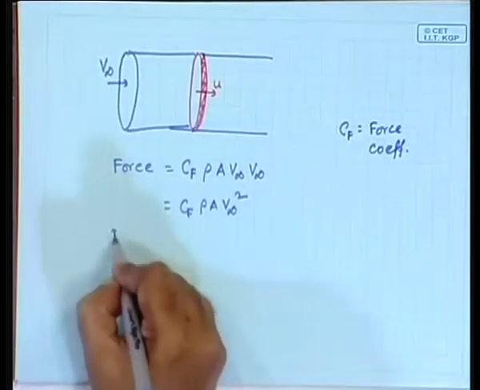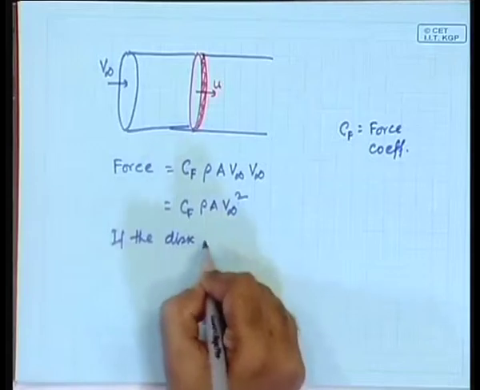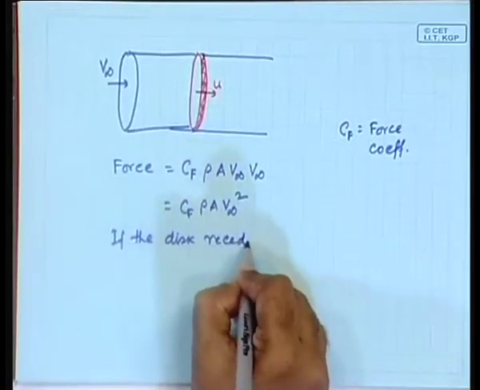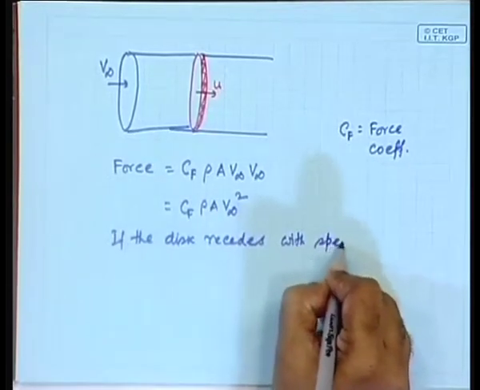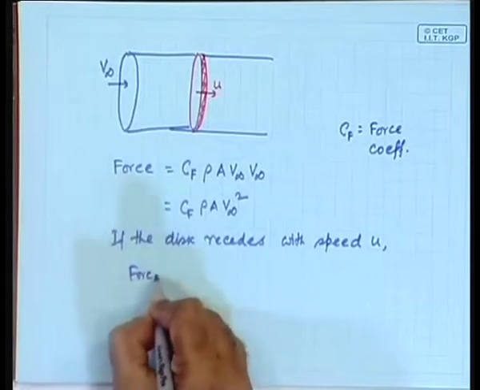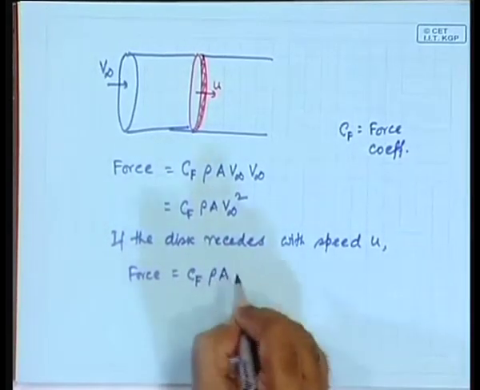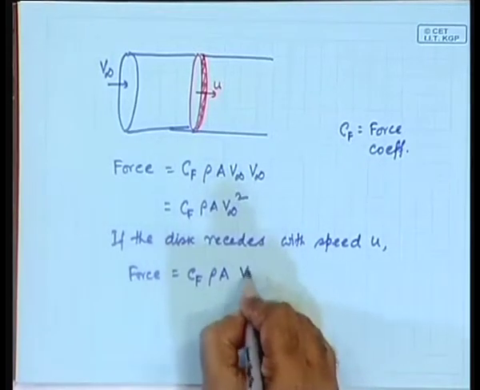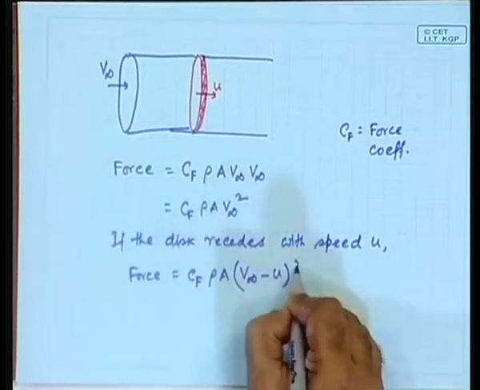So if the disk recedes with speed u, then force is Cf rho A (V infinity minus u) square.